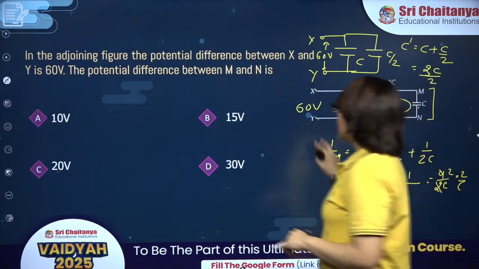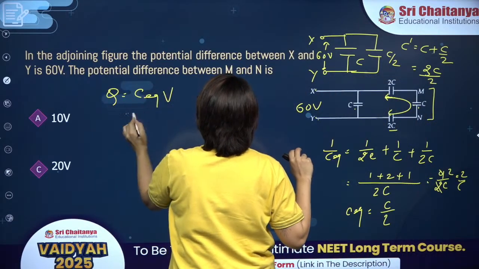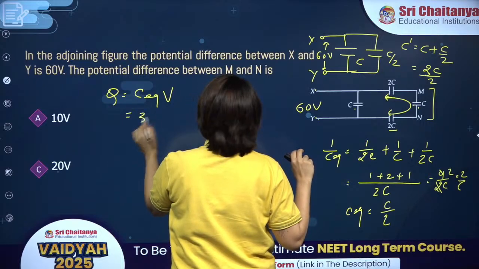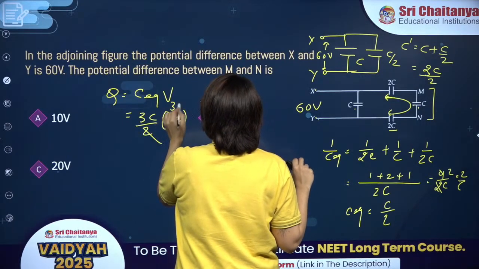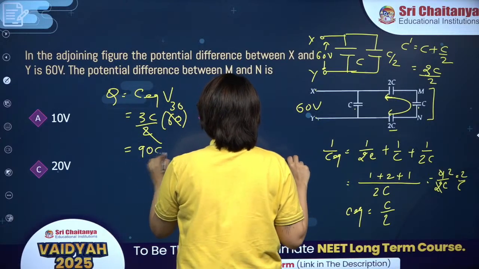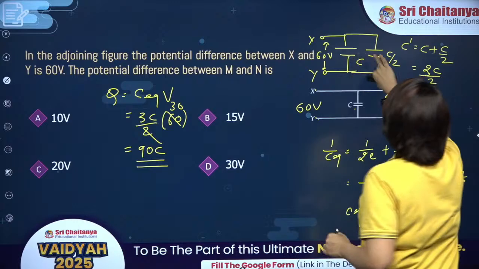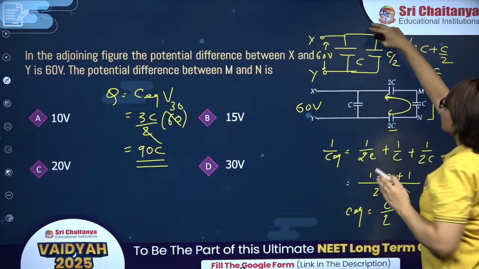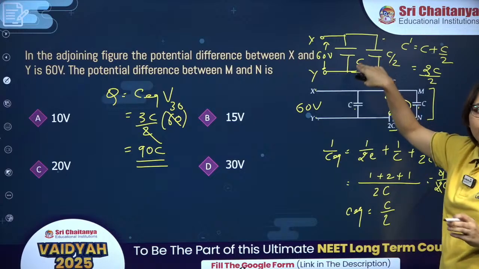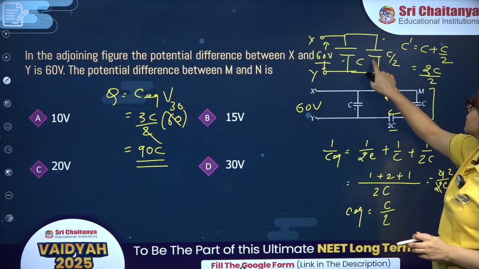Now, the total charge supplied is C equivalent into V. C equivalent is 3C by 2 into V, which is 60. So it will be 90C. 90C is the total charge supplied to this combination. So these two are in parallel, and the potential drop across each will be the same. So the potential drop across this one is 60 as well as this one is 60.